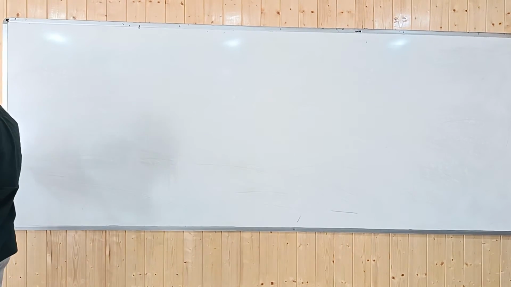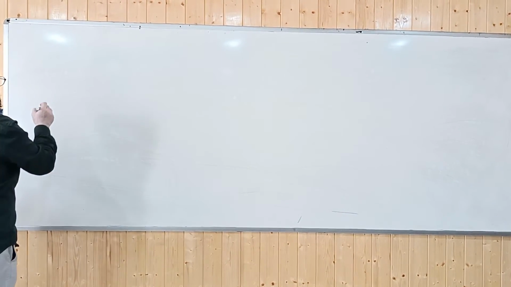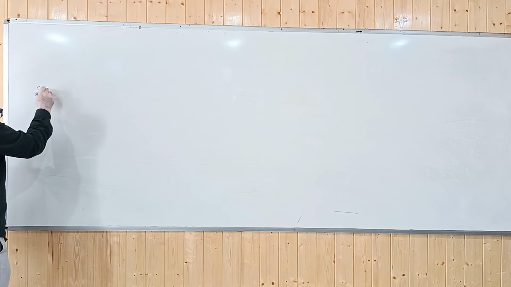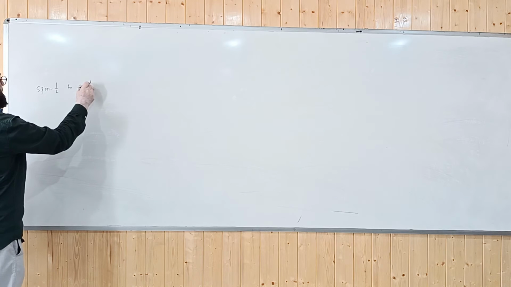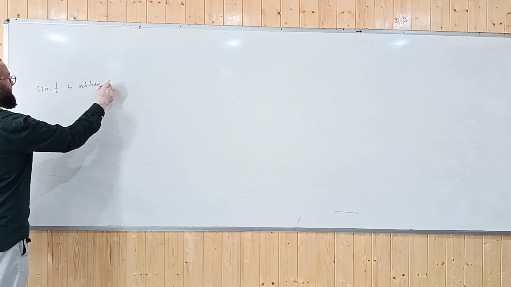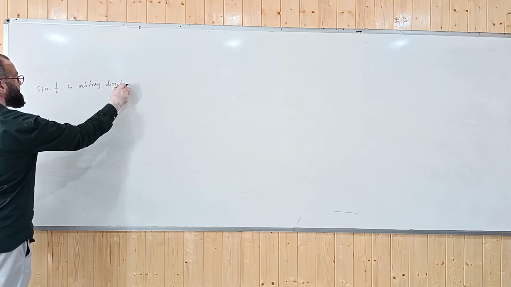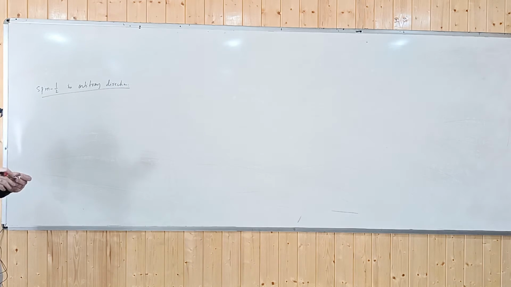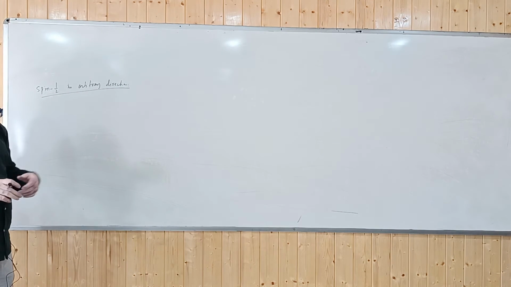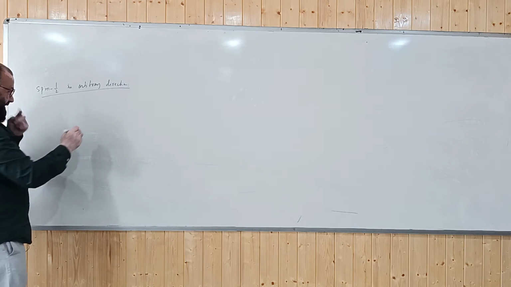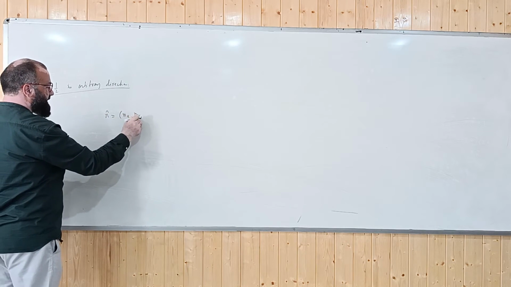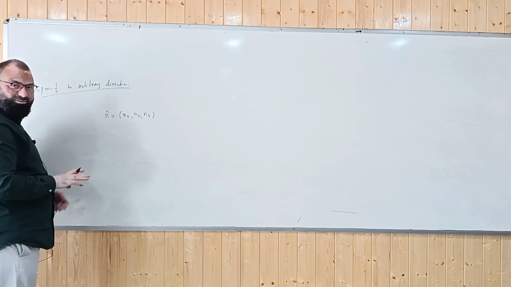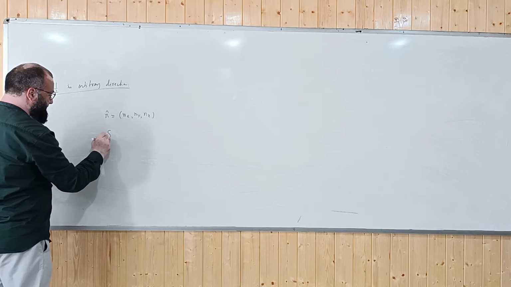Let's take this spin along an arbitrary direction and figure out its eigenstate. So I will rewrite it. Let n be nx, ny and nz. What is our S?